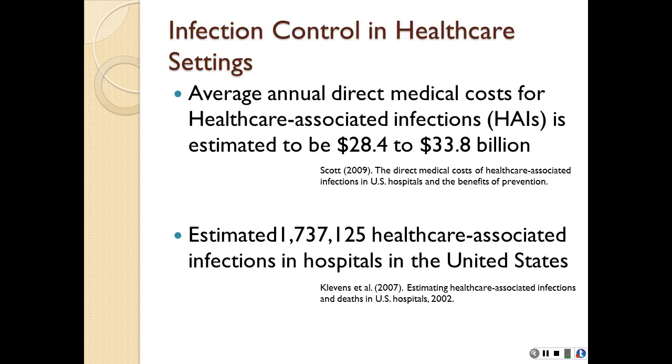Therefore, there is a huge incentive to try to prevent hospital-acquired infection, right? I should probably update this, I think that we probably have newer data, but there were 1,737,125 healthcare-associated infections in the hospital in the United States in 2002 alone. That's a lot of people that got sick at the place where they were supposed to be getting well, right?